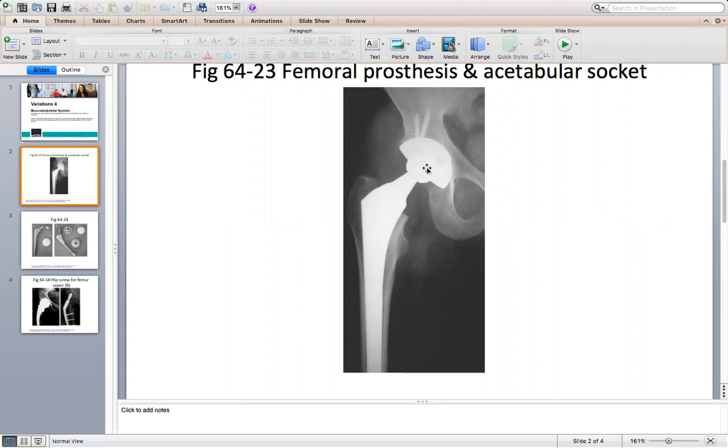Either one of those surgeries, partial or total, both of them, it requires the same hip precautions post-surgery, which we'll talk about in a minute. If you have an extracapsular fracture only, we'll look at how that's held together.